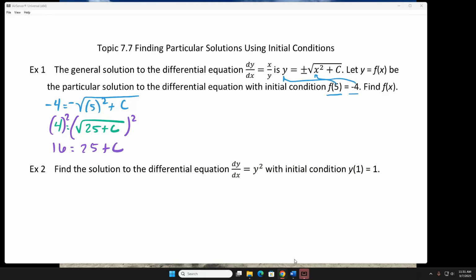And then when we subtract the 25, we're going to get that c is negative 9. So the particular solution is y equals, and then we already determined it's going to be the negative square root of x squared minus 9. Oh, sorry, we're supposed to call it f of x.